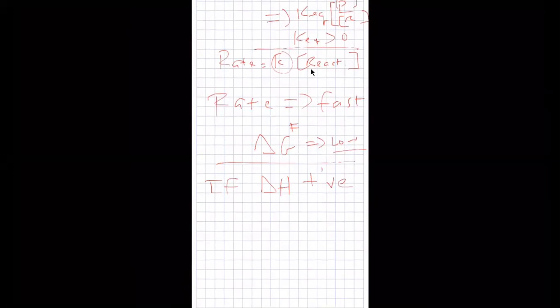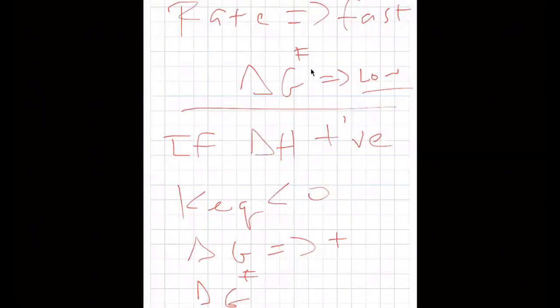If it's positive, then KEQ changes, right, from greater than 0 to less than 0. Delta G is also positive. The activation energy goes up. So delta G, double dagger, is increased, right?